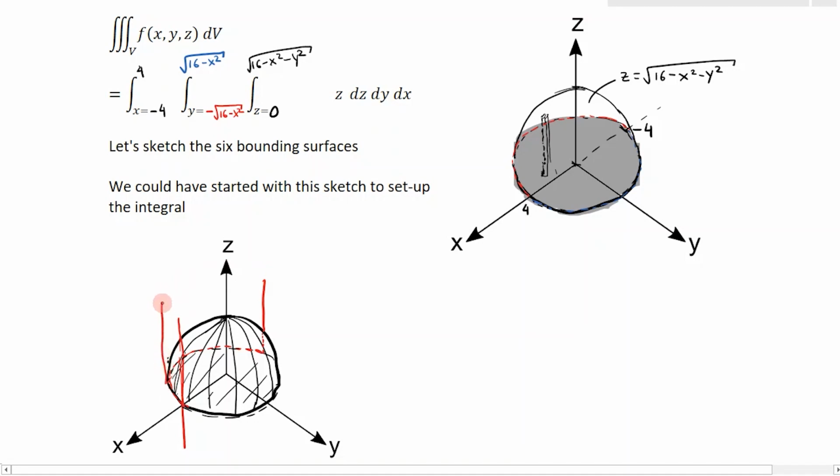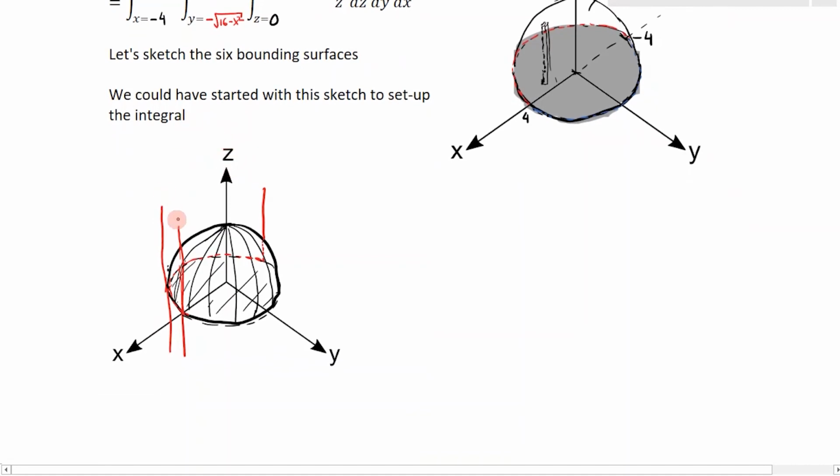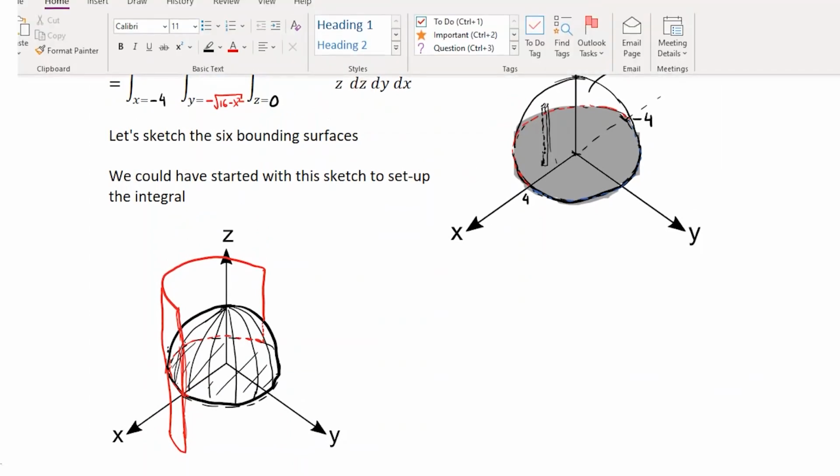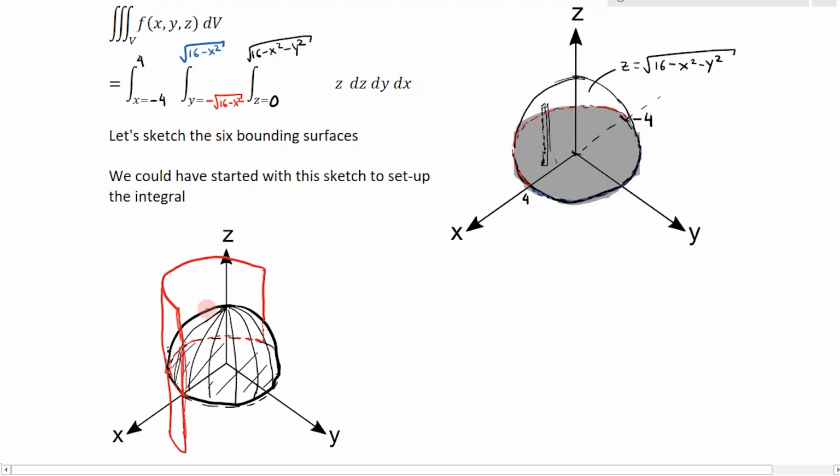So it goes like this. So it very snugly fits this dome. So it doesn't allow you to integrate anywhere past this dome. The other bounding surface is this blue one. This is like this.